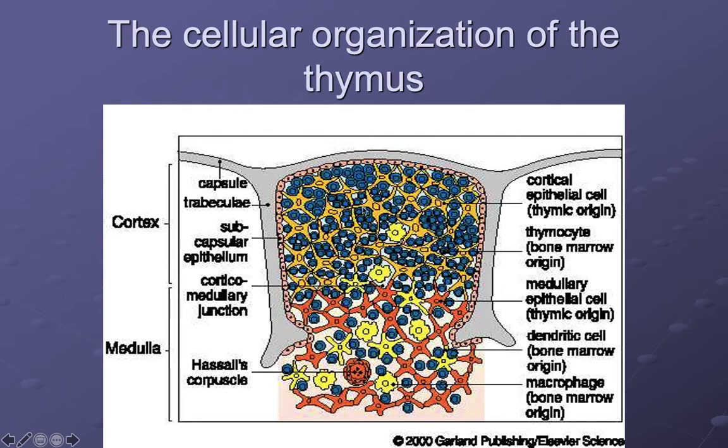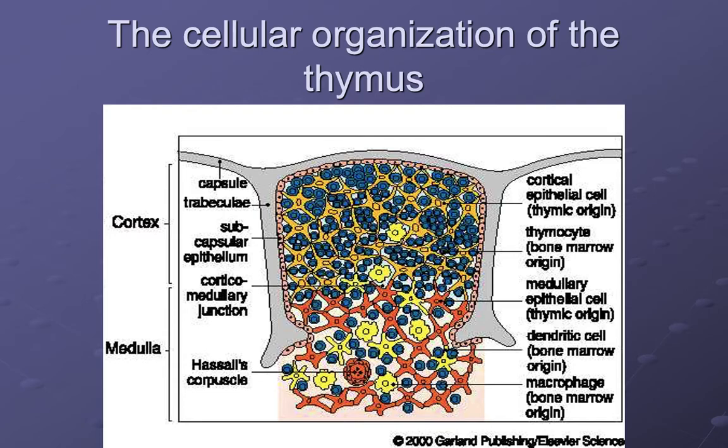The epithelial cells form an open network, an open framework for the thymus, where such framework serves as a scaffold for T lymphocytes, for smaller populations of B lymphocytes, and some plasma cells, as well as other immune cells.